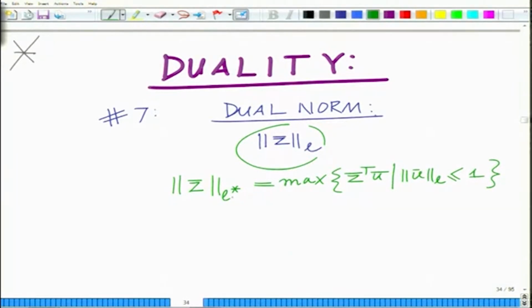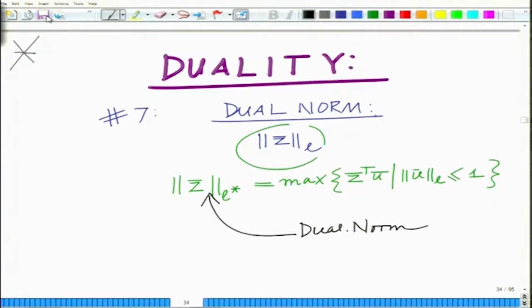Okay. So this is basically the dual norm. This is the original norm, and this is basically the dual norm.